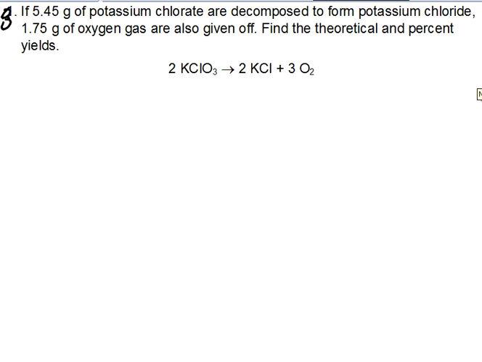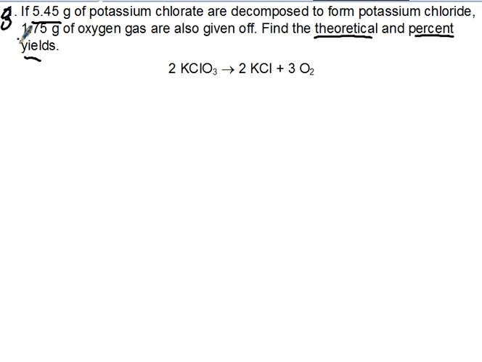For number 8, we're given the chemical equation already balanced, and it asks about 5.45 grams of potassium chlorate, and it decomposes into oxygen and potassium chloride. Then it asks us to find the theoretical and percent yield.